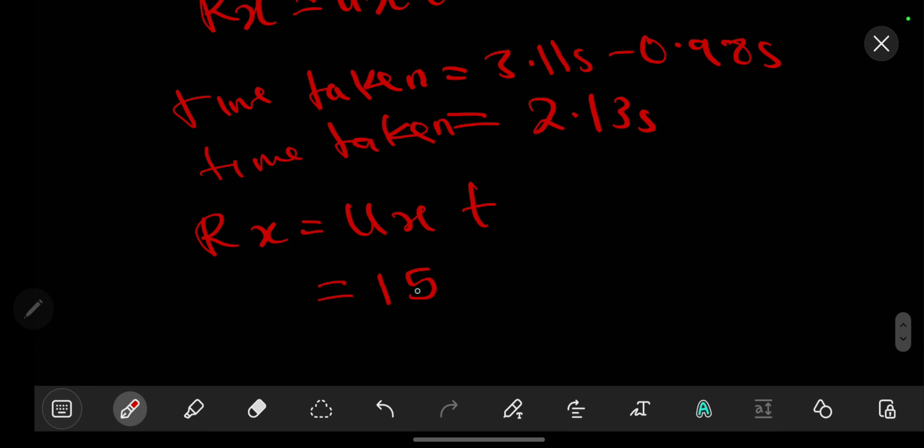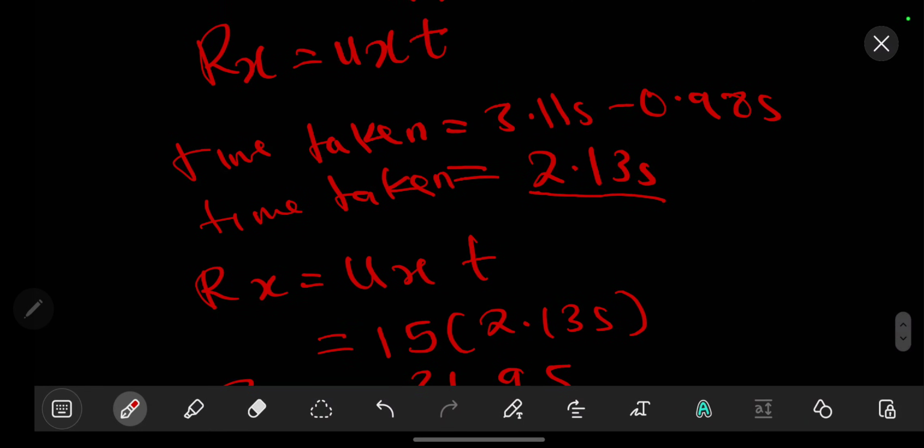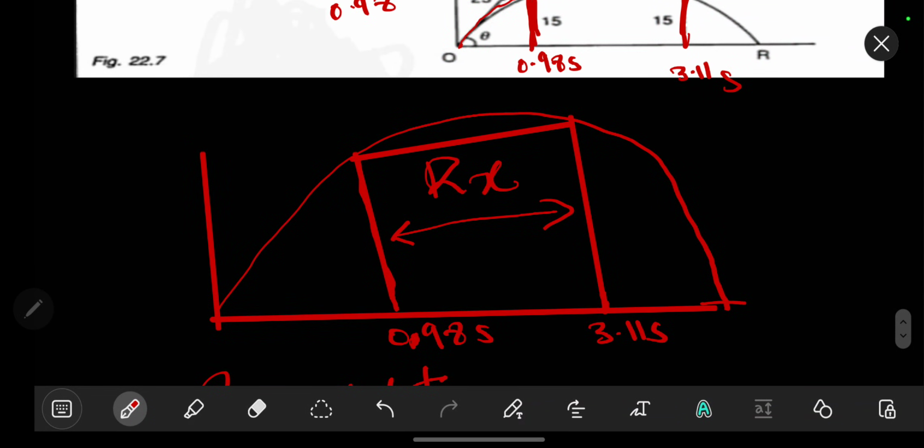We have 15 times the time taken, which is the difference, 2.13 seconds. So 15 times 2.13 shall be equal to 31.95. So this is our Rx. You can do this to find the distance from here up to here.